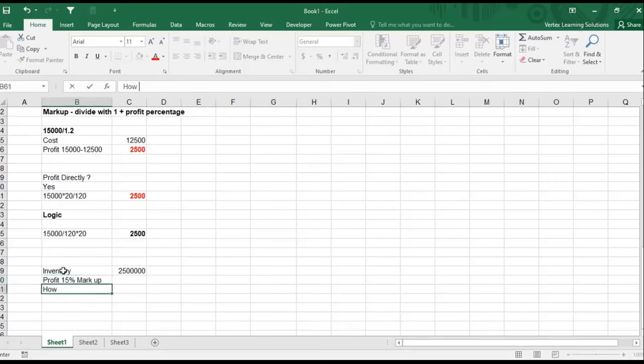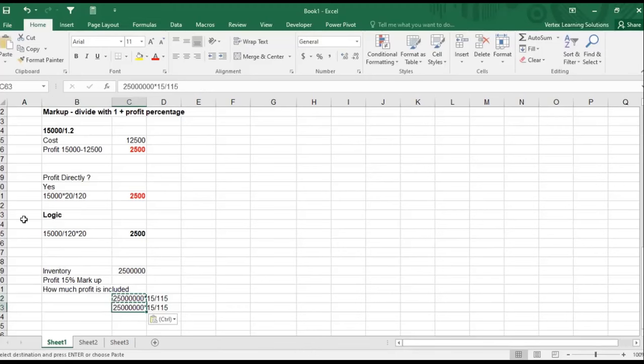So how much profit is included? So what I do, I just say 2.5 million multiplied by 15 divided by 115. Okay, that's all. One simple step in your calculator, and you are done.